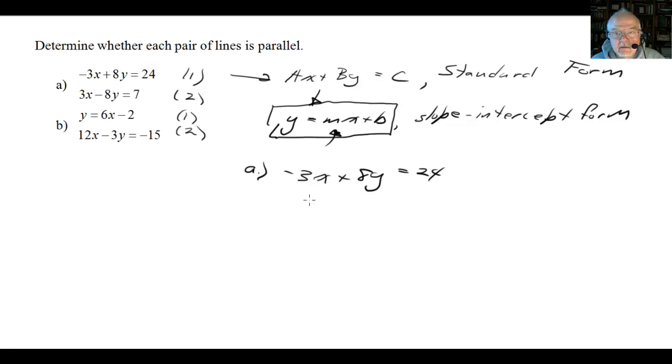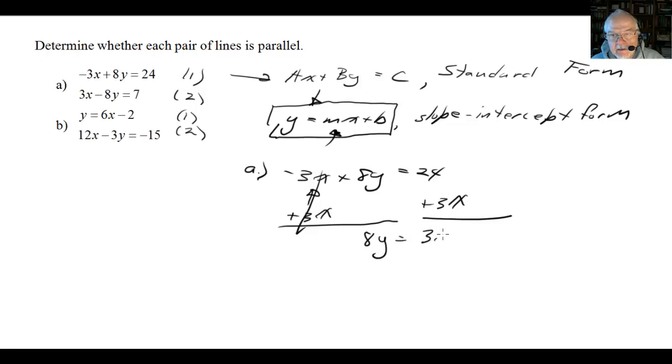All right. The x is on the wrong side, so we have to move that. Well, that's easy. We add 3x to this side, and if we add 3x to this side, we have to add it to the other side. So that gives us 0, so that goes away. And now we're left with 8y equals 3x plus 24.